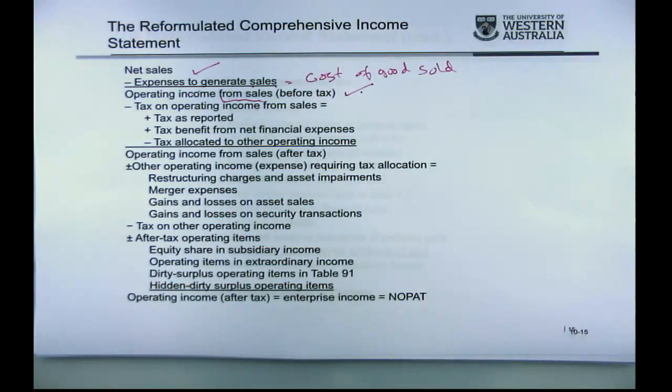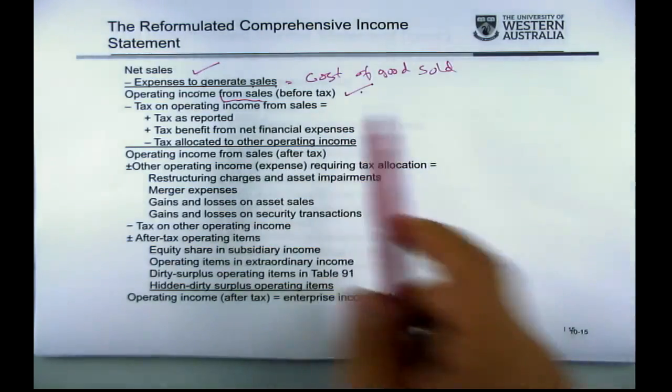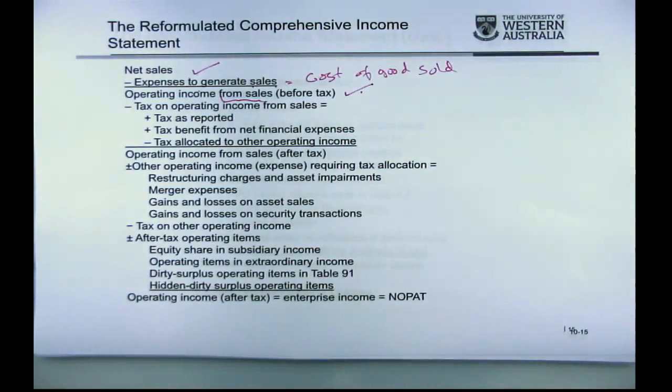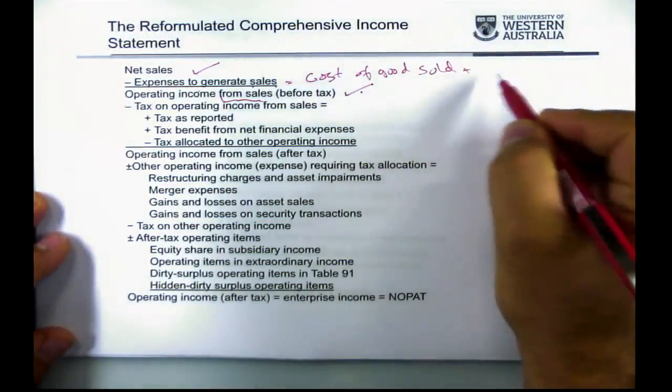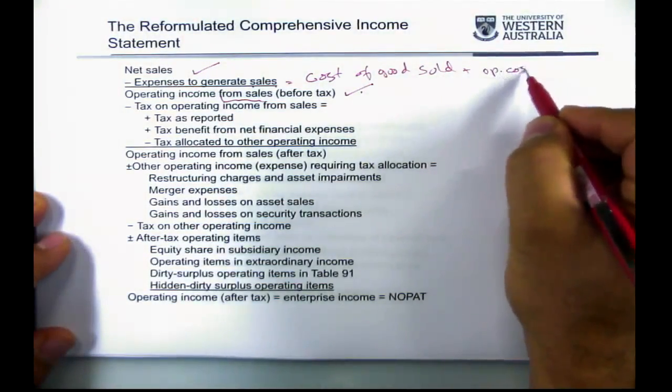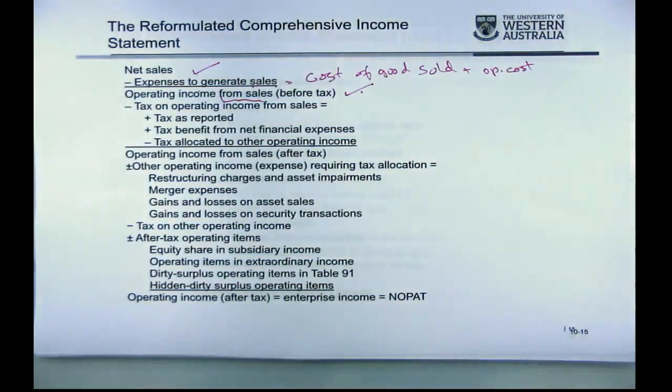So sales minus cost of goods sold gives us the operating income from sales before tax. I'm sorry, this one also includes other operating costs that are also necessary to generate sales.